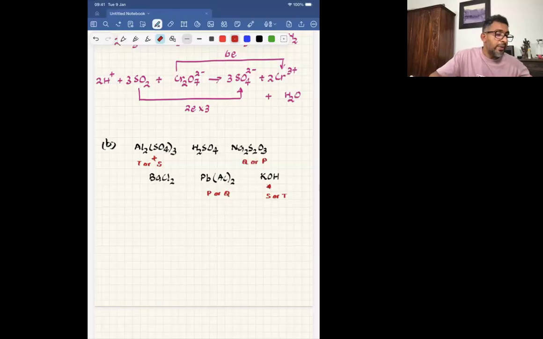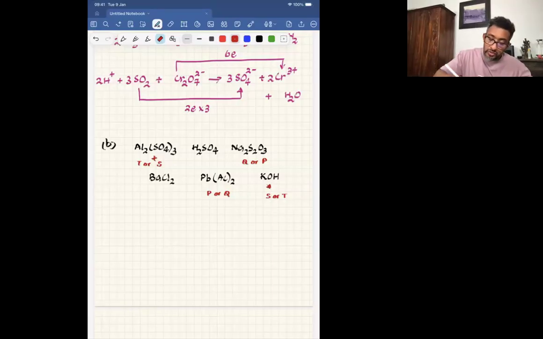P plus U, a white precipitate that dissolves on heating, that is definitely a chloride, this should be present, barium chloride. Lead chloride is the one that will dissolve when you heat.